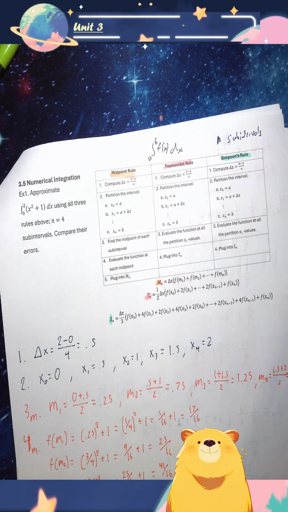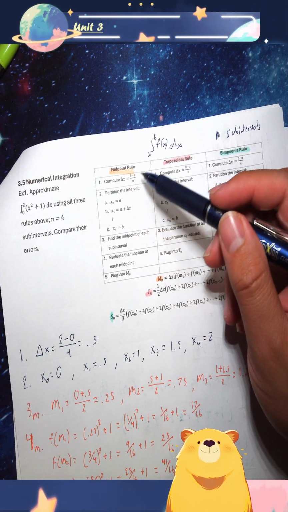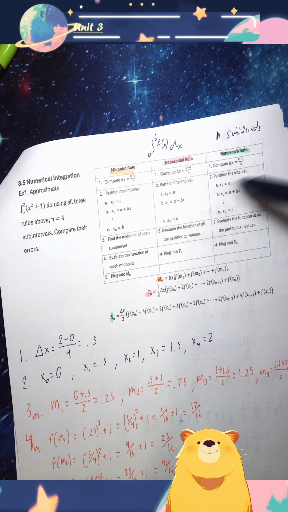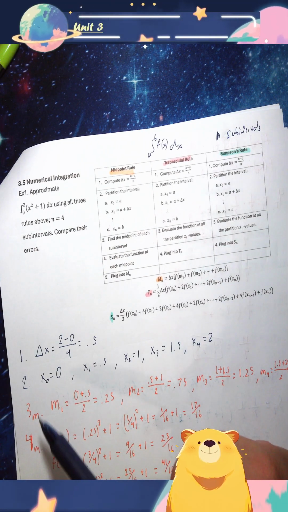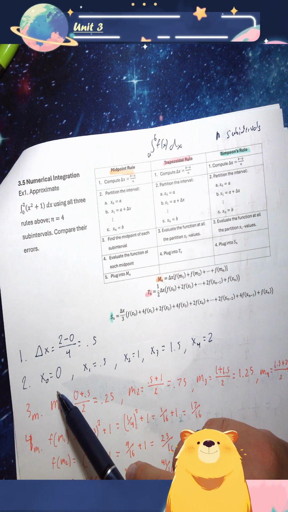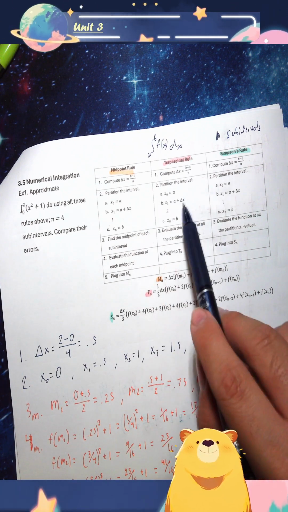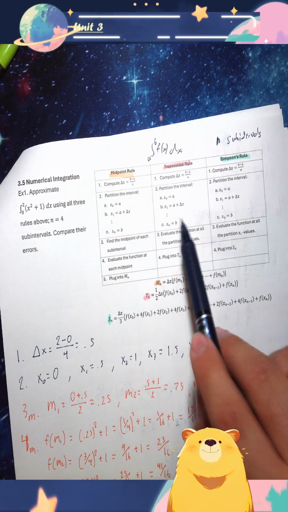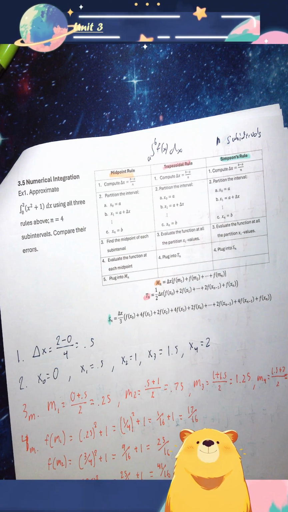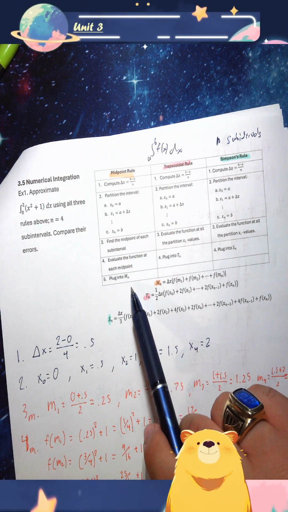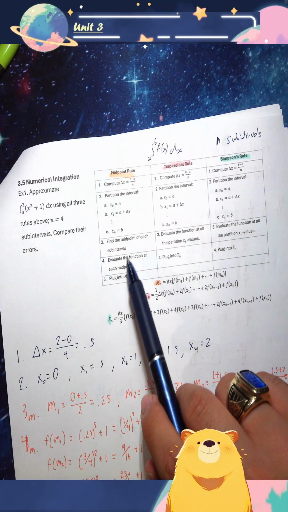Then we're going to write out all of the pieces that we use for the intervals. We start with x0 being a, and we keep adding that change of x until we get to the ending b.